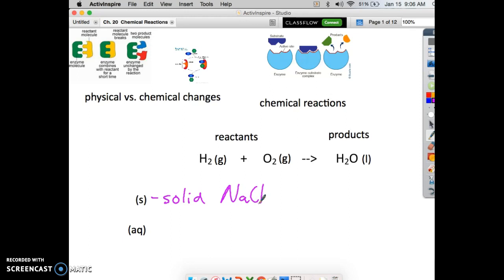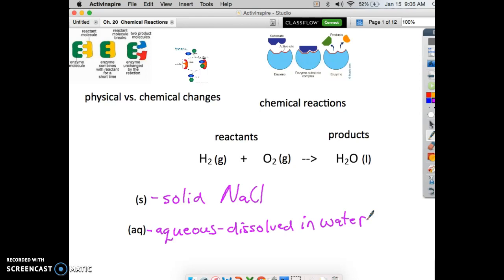It needs to be dissolved in something, which is water, and for that we use this symbol, which means aqueous, meaning it's dissolved in water, or some other liquid depending on the reaction, but usually water is our most common solvent. Sometimes we call it the universal solvent. That just means the salt has been dissolved in water, so now it will react better.